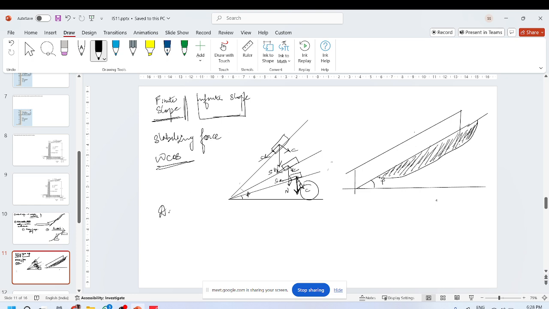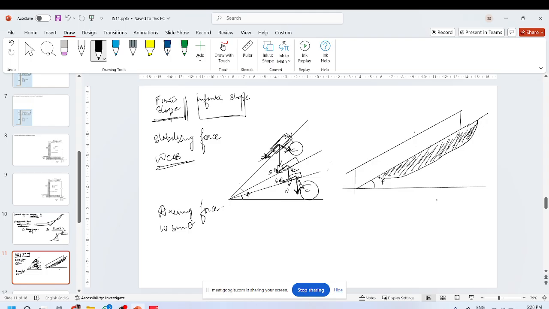The driving force, you see, this force is making the body have a tendency to go down like this. While if this force was high, there would have been more adhesion towards this surface. The block would stick to the surface if this is more. And so in slope stability, we use the same logic.